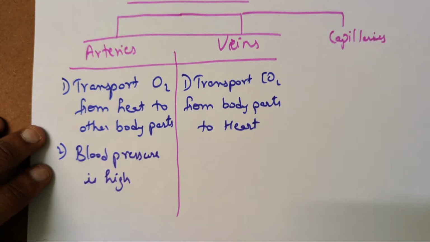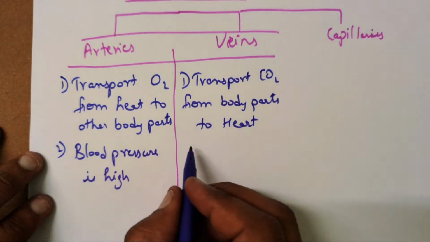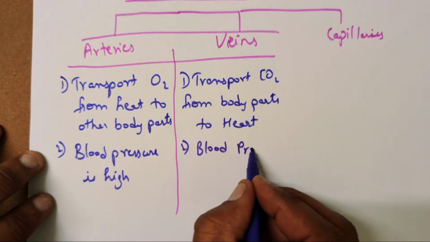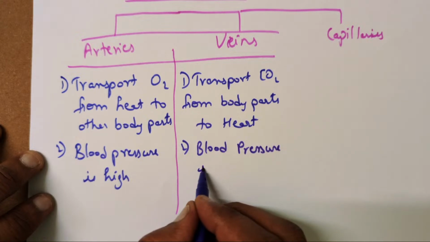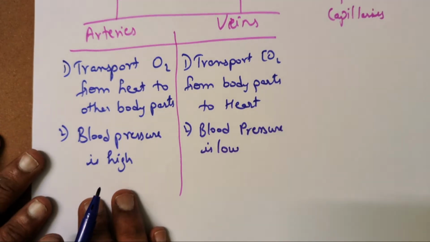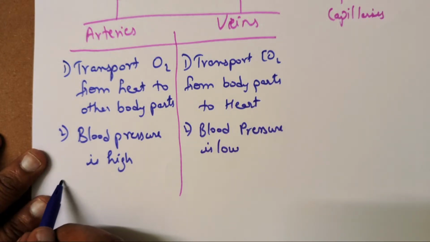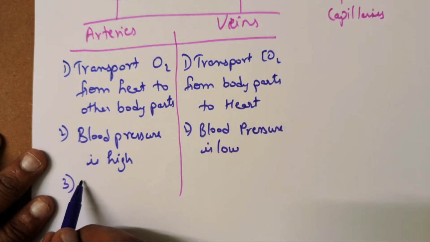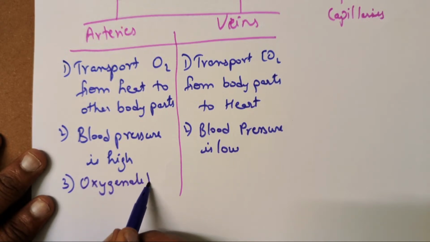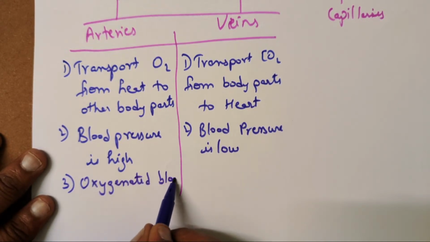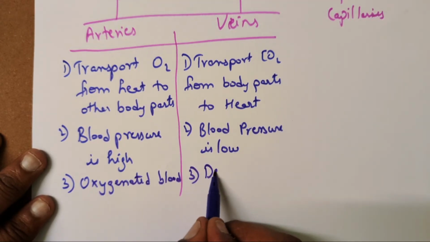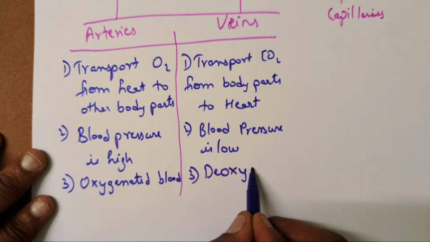But as veins collect blood from all the body parts to the heart, here the blood pressure is low. As arteries transport oxygenated blood, they contain oxygenated blood, whereas veins contain deoxygenated blood, or simply we can say carbon dioxide rich blood.